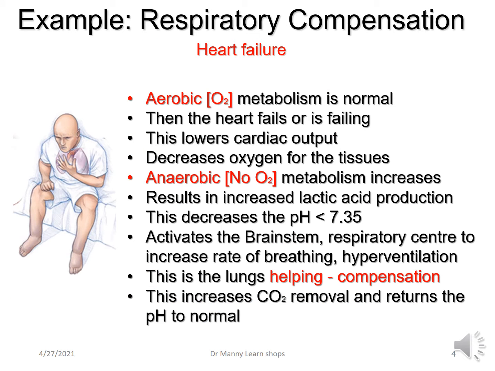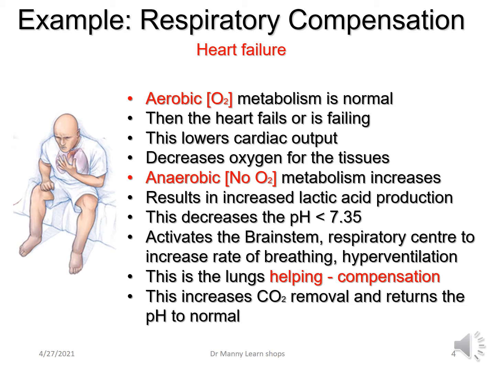Here's an example of respiratory compensation and what it means. In the situation, for example, of heart failure, or it could be diabetic ketoacidosis, it could be elements related to renal failure, liver failure, etc. Aerobic metabolism requires oxygen. This is normal. It's our major way of providing metabolism for the body.